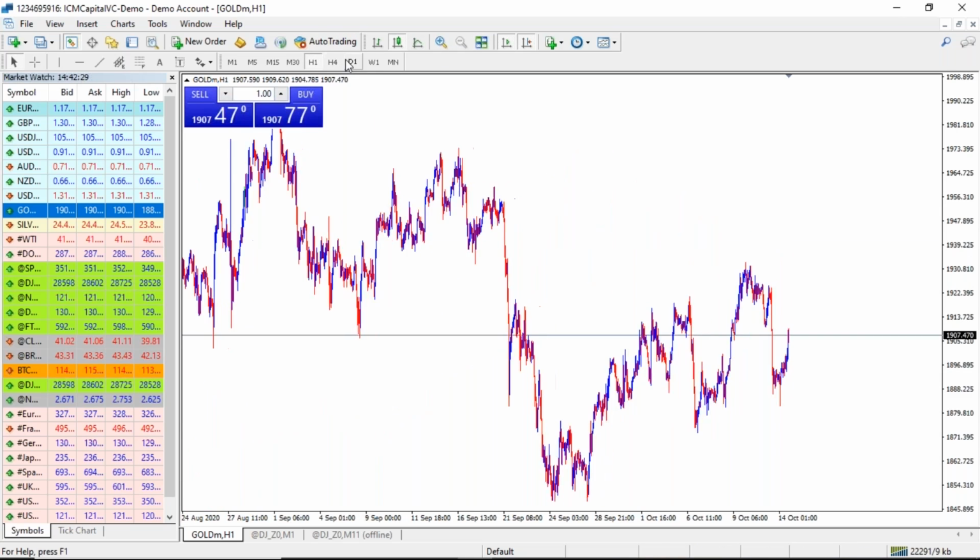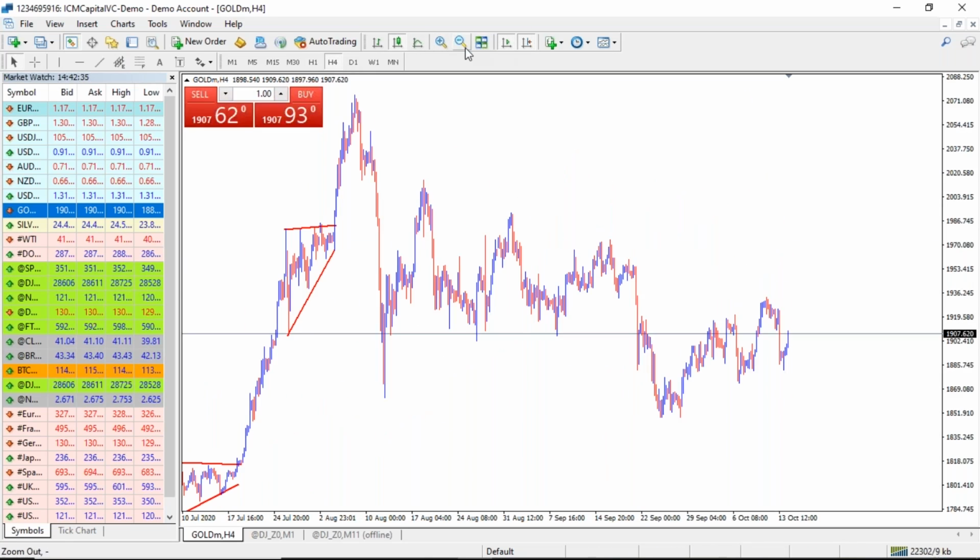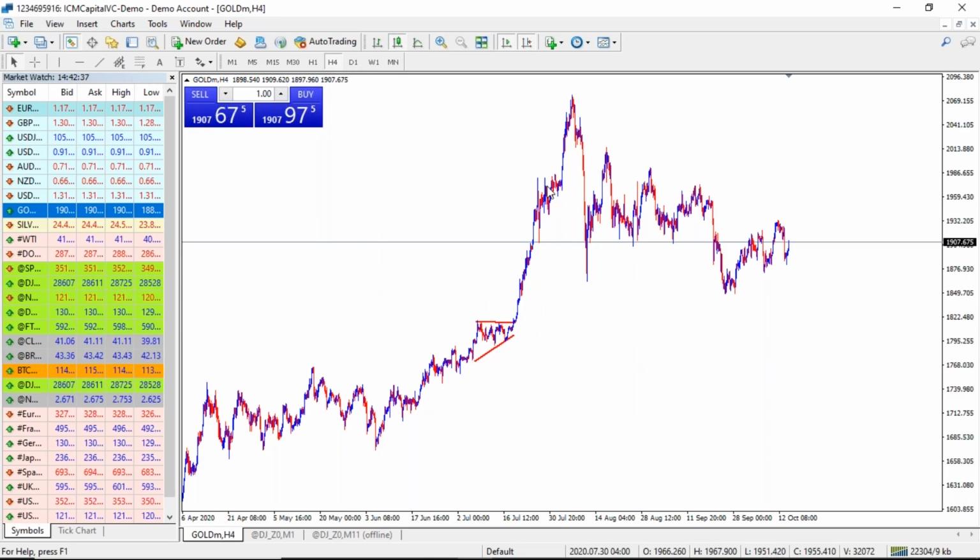And if you go for a bigger picture, there are some talks currently, some expectations that the market could be heading for another formation here, but we need a bit more time to have it formed clearly.